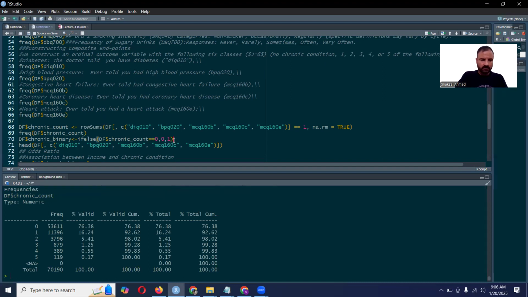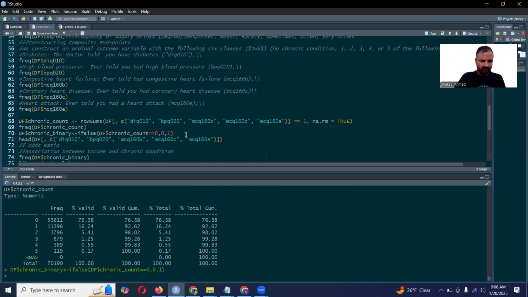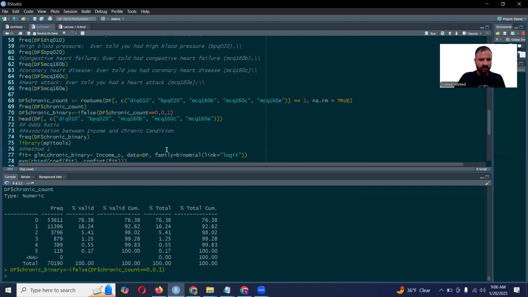So you can just run this. And now we have a qualitative, binary variable, that is chronic condition, consisting of 0 and 1.